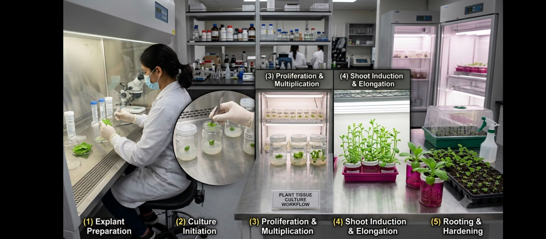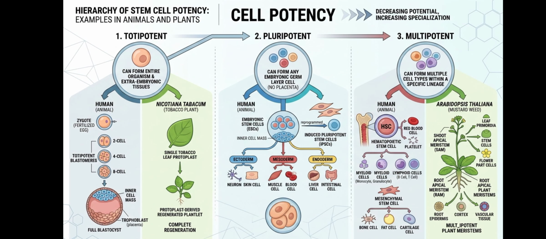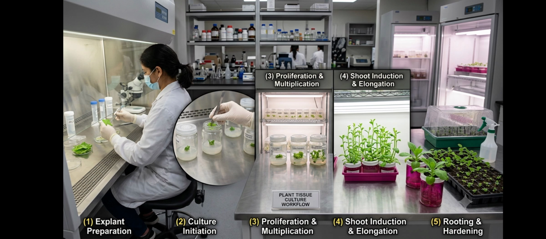Using that property, that each cell of the plant is totipotent, the whole biotechnology of plant tissue culture is based. And in plant tissue culture, what do we do? We take one cell of the plant, or better, an explant. An explant is nothing but a part of the plant.